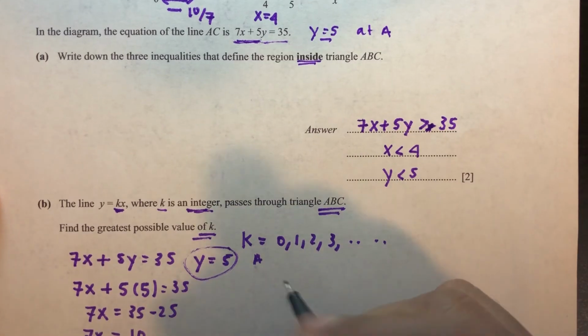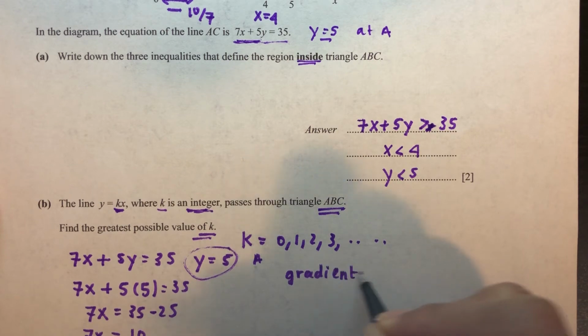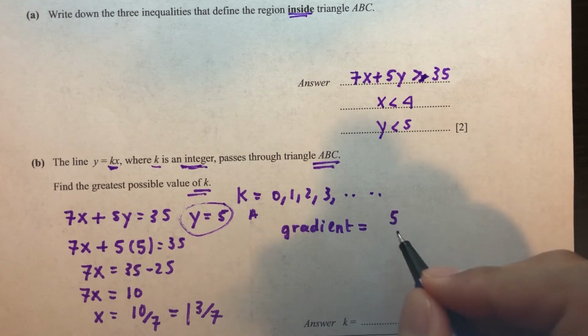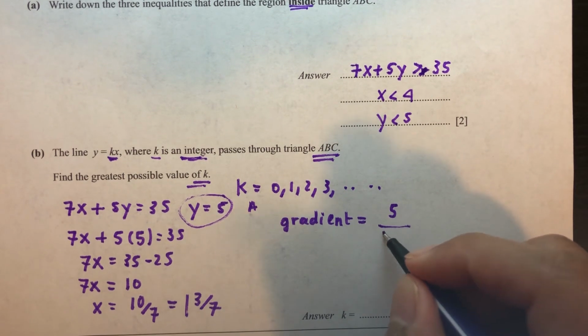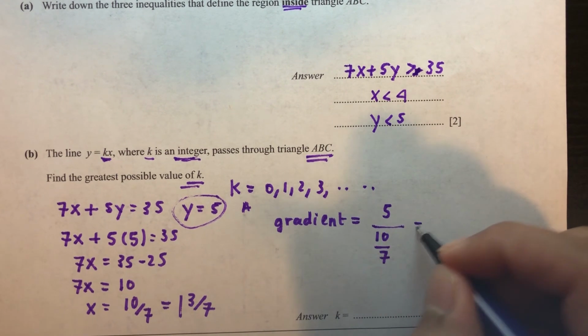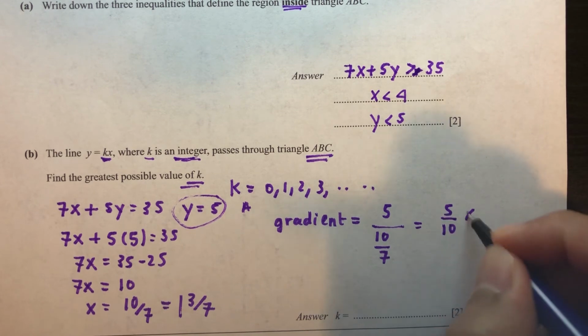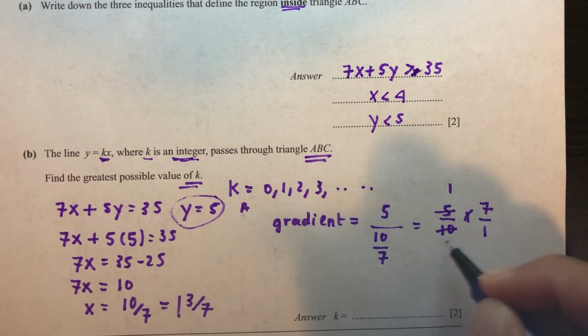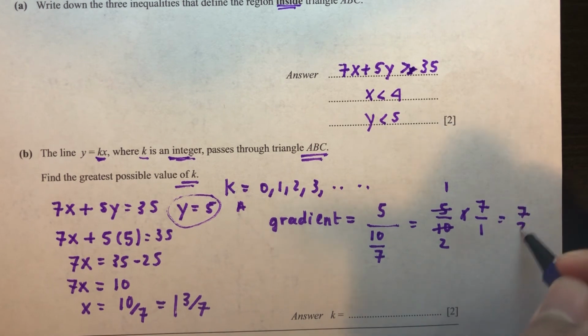So what is the gradient of the line OA? The top distance is 5, divided by 10/7. That will be 5 divided by 10 times 7/1, which is 7/2, or 3.5.